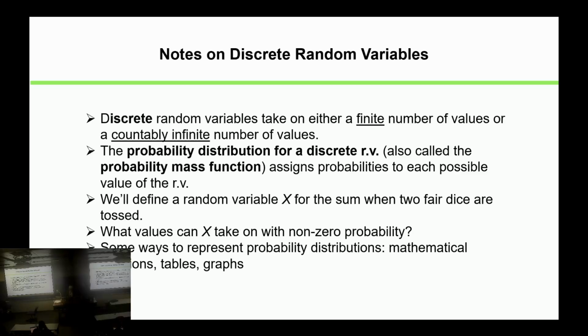So what we're going to do is look at some ways to represent probability distributions: mathematical functions, tables, and graphs. We've already seen it in tables. Let's go over the table again, then we'll do a graph, and then we'll go back to the mathematical function.